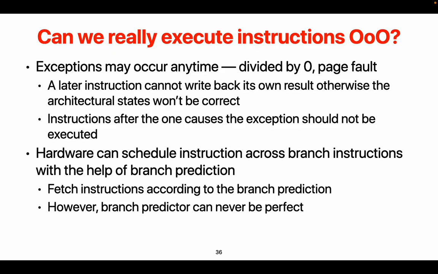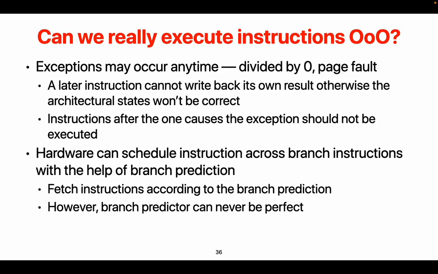So that's why your hardware may still have to make sure that I know what's the right order of executing instructions by committing the instruction. And I can only know if this instruction is safe to present its result to the rest of the world until it reaches the very end of all the pipeline stages, right?